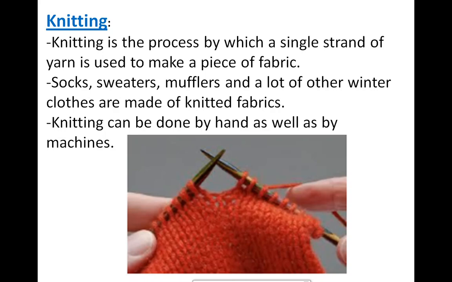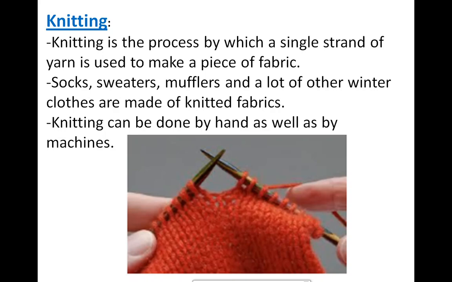I have mentioned here, knitting is the process by which a single strand of yarn is used to make fabric. Two needle-like structures are there, but the yarn is only one, the single set we are using in the knitting process. So whatever your socks, sweaters, mufflers, and many other clothes that we use in the winter season, are made up of knitted fabric.